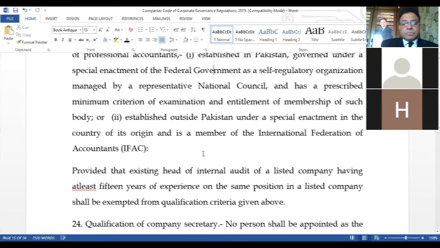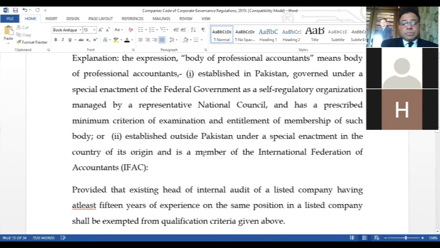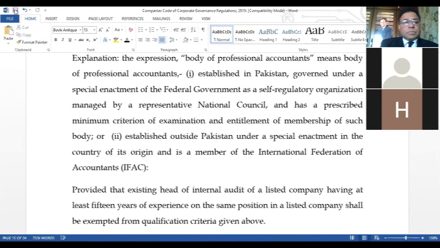Provided that the existing head of internal audit of a listed company having at least 15 years of experience on the same position in the listed company shall be exempted from the qualification criteria given above. Absolutely right. So here, while a certain qualification criterion is given, at the same time, it is made mandatory that the relevant professional must have his membership intact with the professional bodies, chartered accountants organizations.